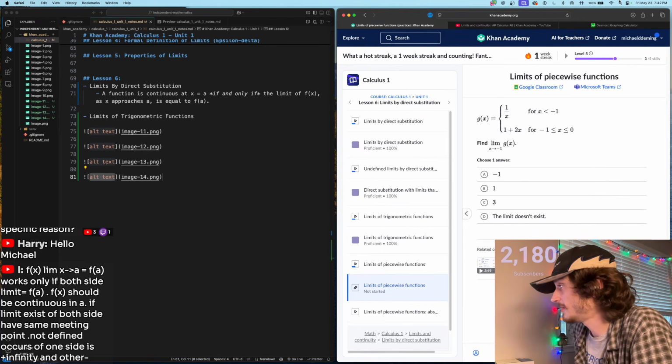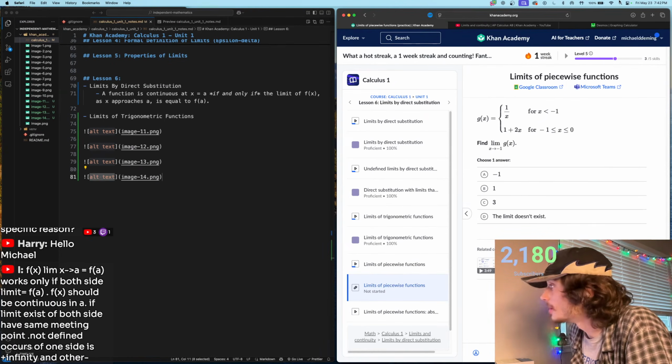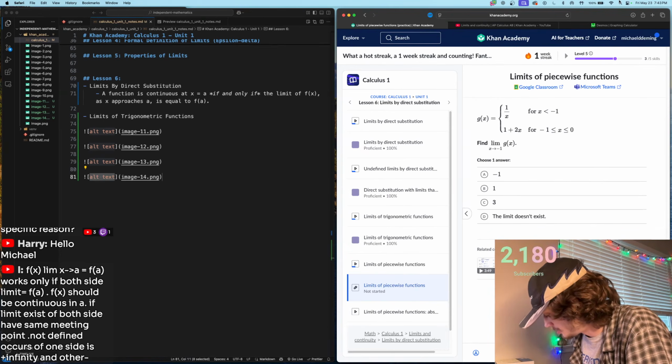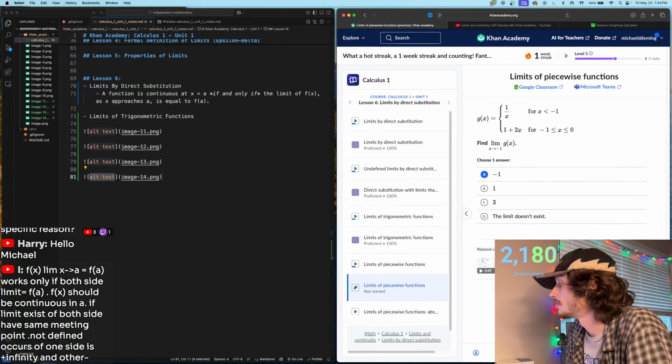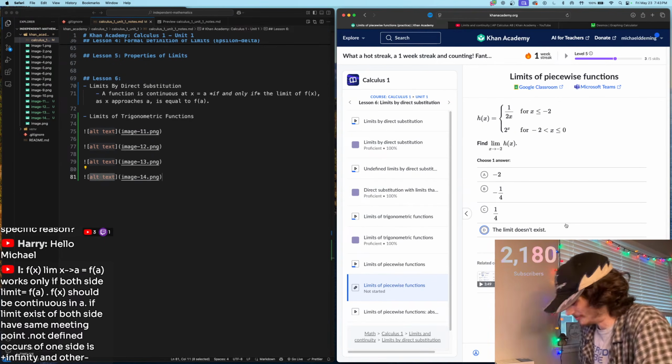So we need to evaluate if these are the same. 1 over negative 1 equals negative 1. And then 1 plus negative 1 times 2, 1 plus negative 2 equals negative 1.